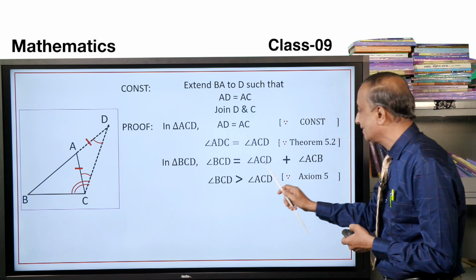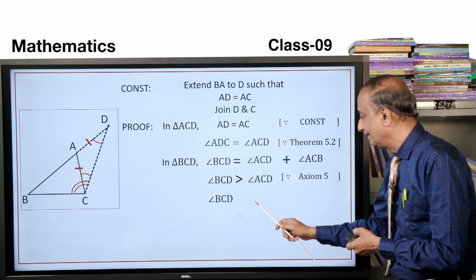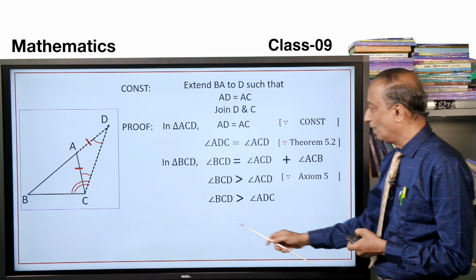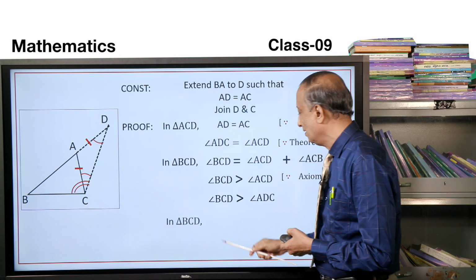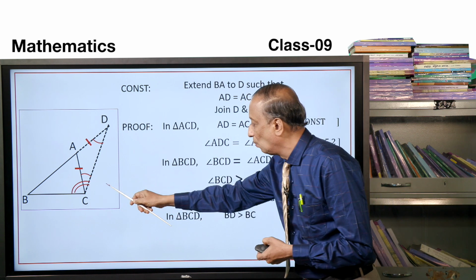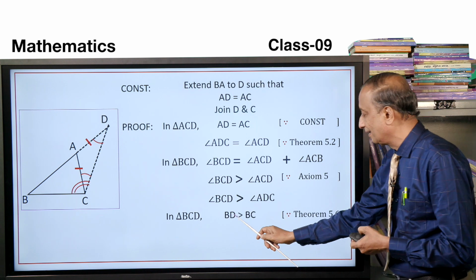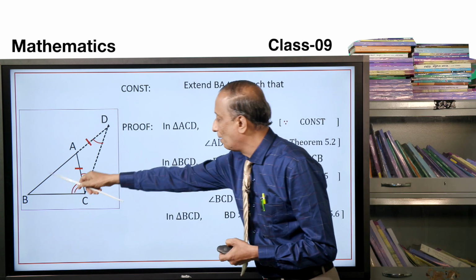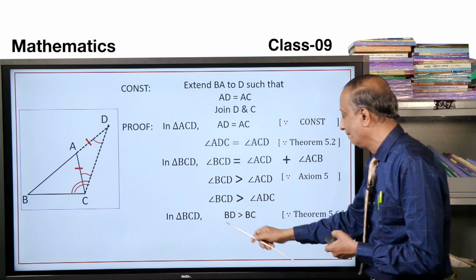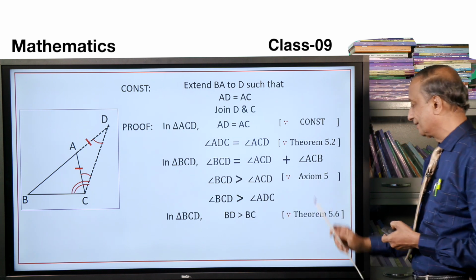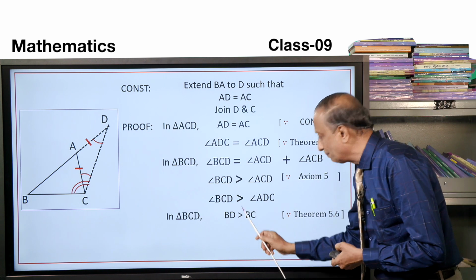Instead of angle ACD, we can write angle ADC. So, in this triangle BCD, the whole angle C is definitely greater than angle D. Therefore, we can conclude that the side opposite to this greater angle, BD, is greater than BC because of theorem number 5.6. What about BD, children?